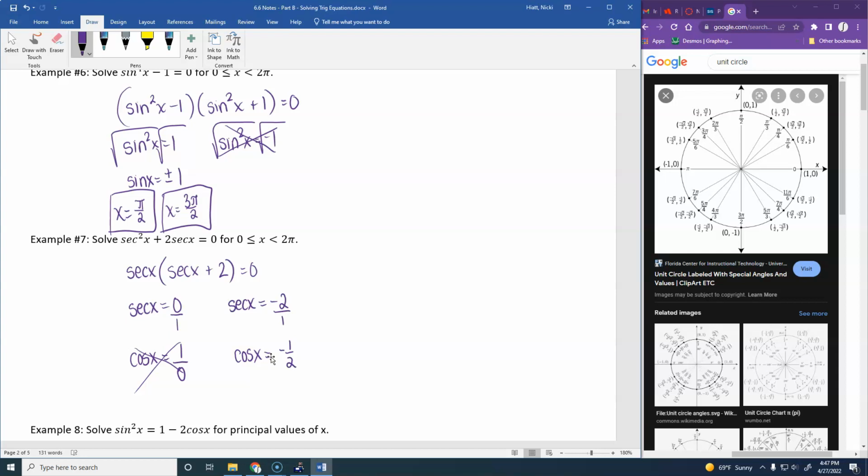And that we certainly have on our unit circle. We're looking at the whole unit circle here. So cosine is our x-coordinate, and we see negative 1/2 right here at 2 pi over 3. So we get x equals 2 pi over 3. And we are also going to get this answer right here, which is 4 pi over 3.